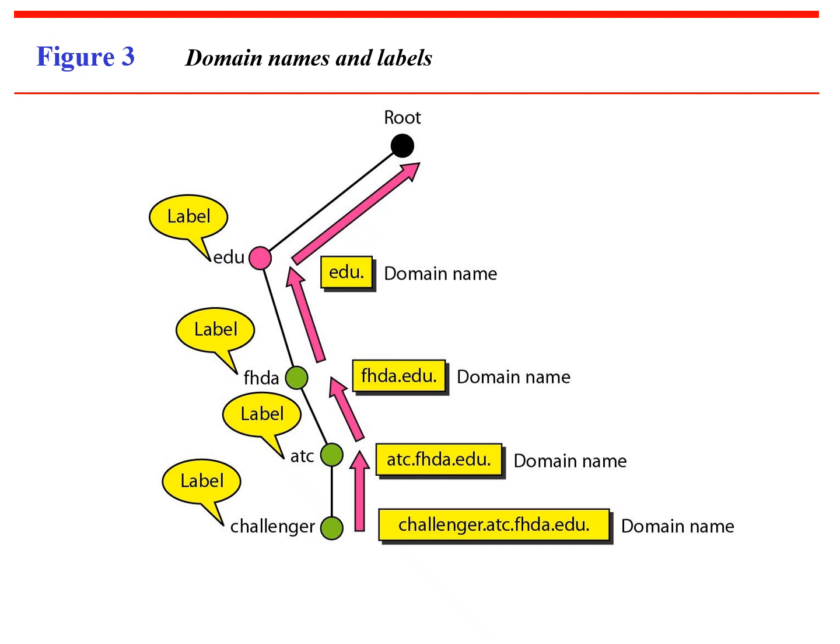The domain name, if you are navigating from this node, is challenger.atc.fhda.edu. The next node is atc.fhda.edu. If you are navigating from this node, it is called fhda.edu. This is a domain name. From edu, you can say edu. as the domain name. It will end with the root, which is nothing but the null label.